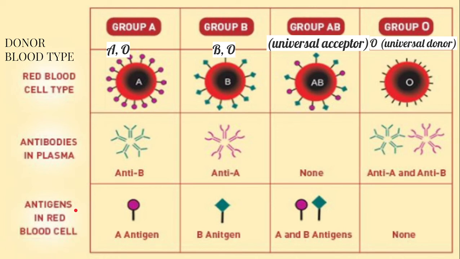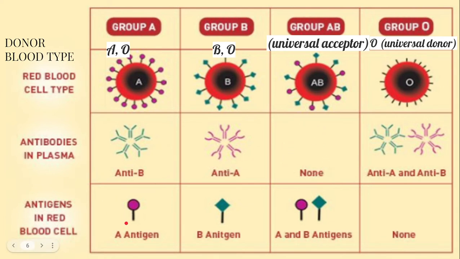Antibodies are produced only when some antigens are detected in our body. So, the antibodies present in plasma in group A is anti-B, in group B it's anti-A, and in group O it is anti-A and anti-B both. But in group AB there are no antibodies in plasma.